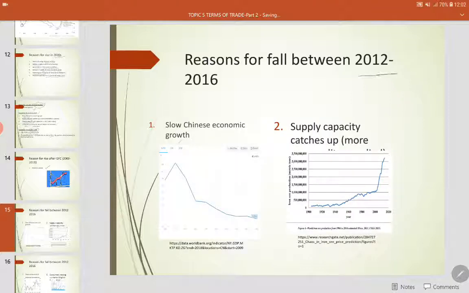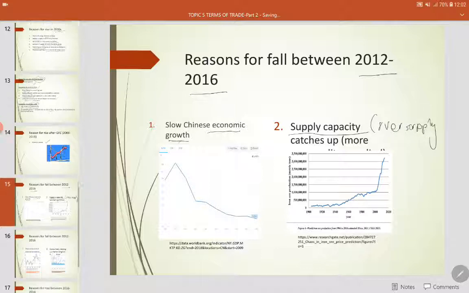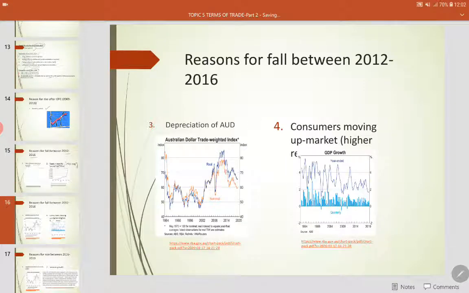For 2012 to 2016, this data shows the slow Chinese economic growth and how oversupply occurred. And this graph here shows depreciation of the AUD in the period 2012 to 2016, and consumers moving up market, going for more consumer goods, luxury goods compared to commodities.